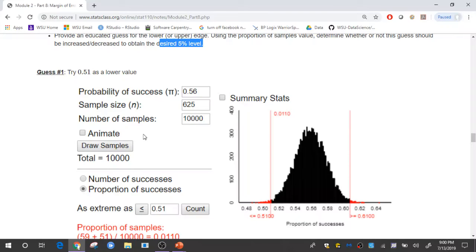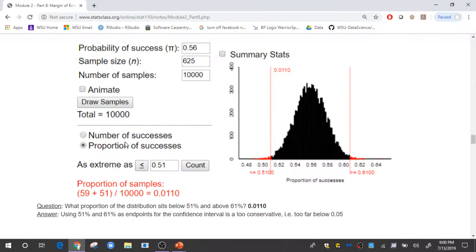My number of samples is 10,000. I'm going to change the proportion of successes, and then I'm just going to try an initial value of 51, so 0.51 here. I'm just looking at this distribution, and trying to guess where the lower 2.5% is at. So again, I'm going to truncate off this red area here in that distribution.